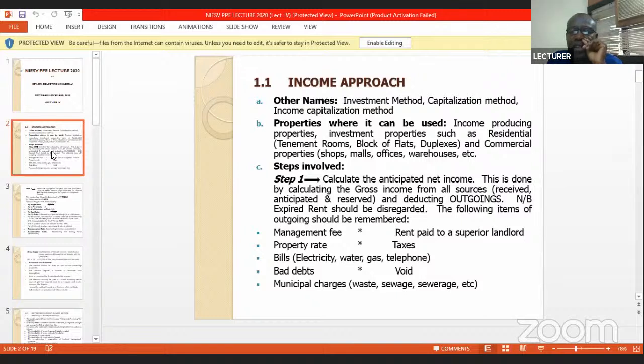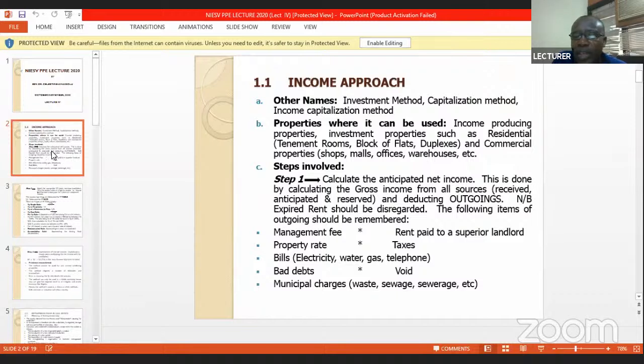Because the owner doesn't pay rent, you have to find the equivalent rent. Equivalent rent is rent paid on similar properties within a neighborhood. That equivalent rent is also notional rent, notional because the landlord will never collect it. He cannot pay rent to himself.